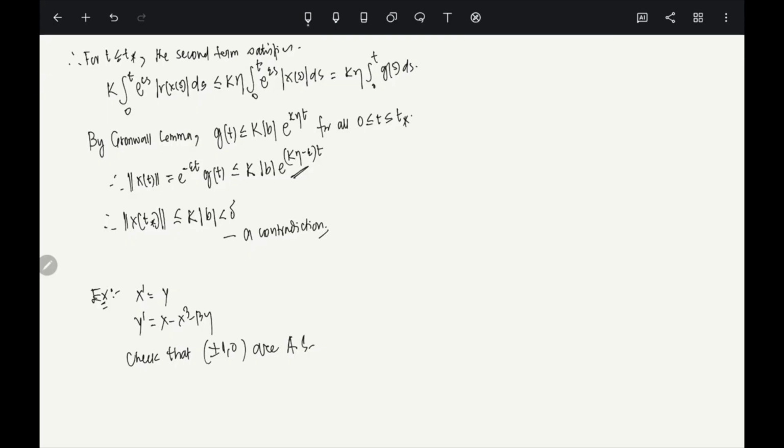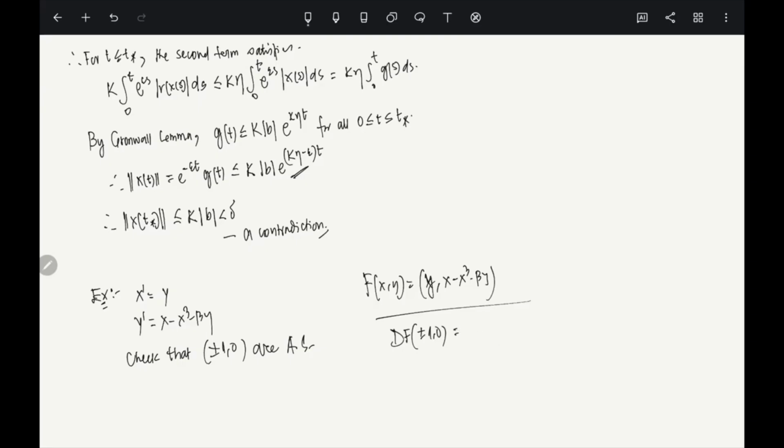Please check this. What is f of x, y in this case? It is nothing but y and x minus x cube minus beta y. Just find out what df is and what b star is here, plus minus 1, 0.